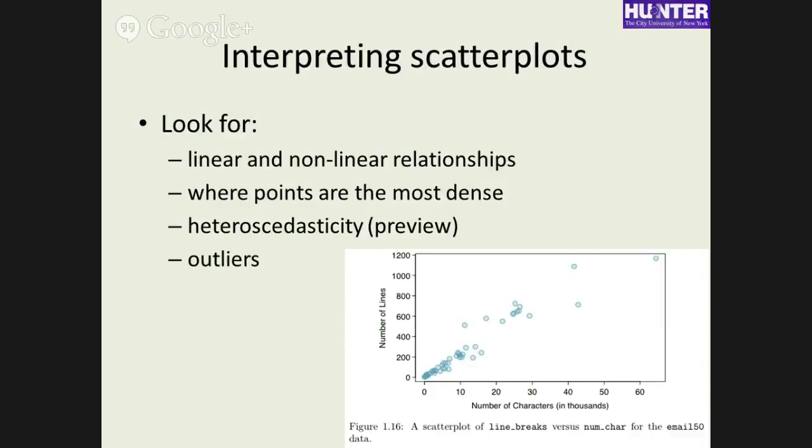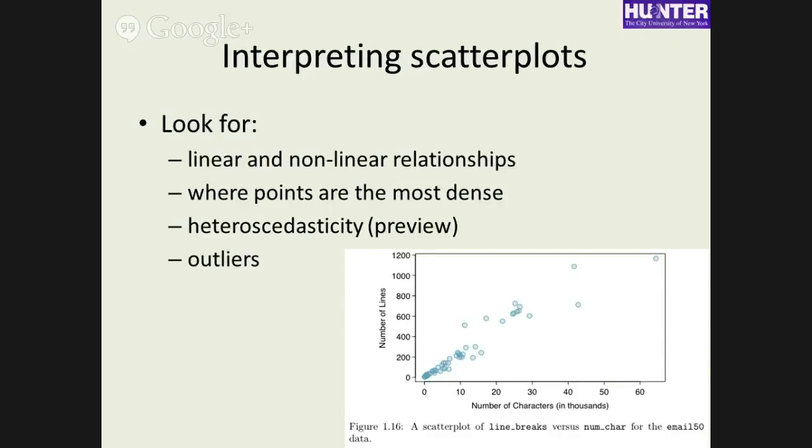And you can also check for outliers. It can be hard to formally define what is an outlier. There are a number of definitions that people use, but it is fundamentally a qualitative thing, whether something is an outlier or not. It means, is it like all of the other points or not?